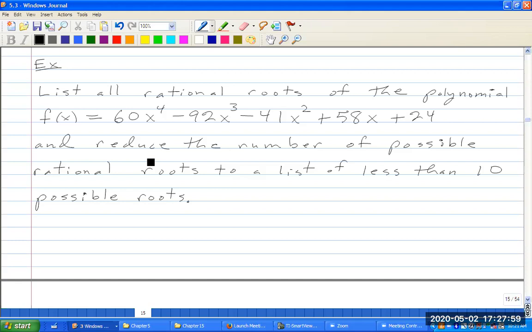Okay, so we want to make this much more tractable. You don't want to check 1,000 numbers or something, whatever this will come out to be. You want it to be much, much smaller.